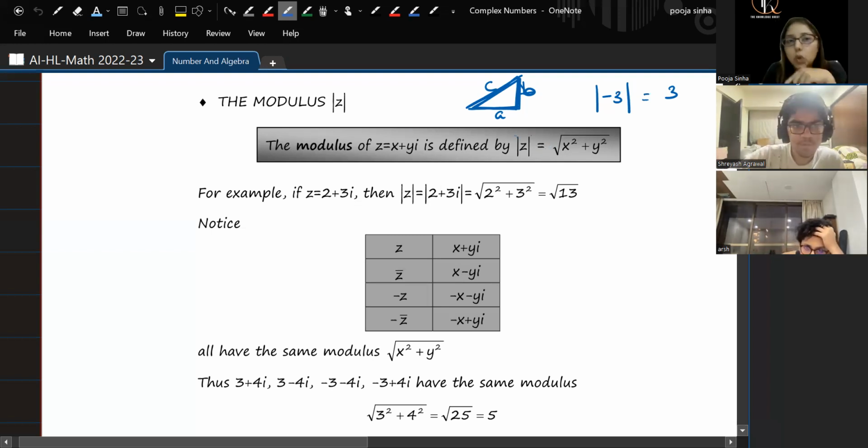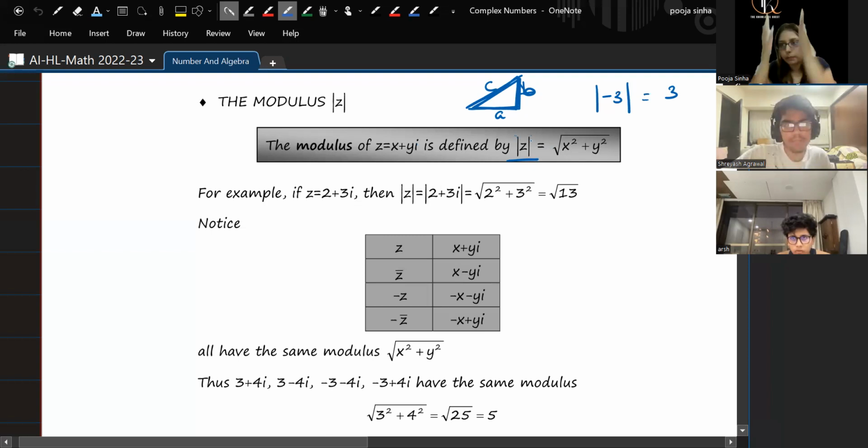All right, so the symbol is understood. The symbol for modulus is Z within the bars. Absolute numbers are non-negative values. Even if it's a positive number, the absolute value will be the same. You remember the bars that you used to put, those were not brackets, those were bars. In the same way, here also we put bars for modulus.